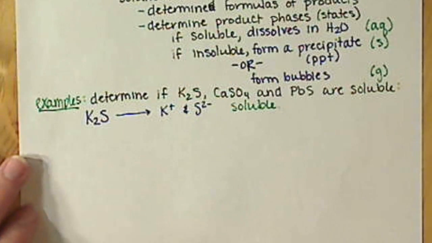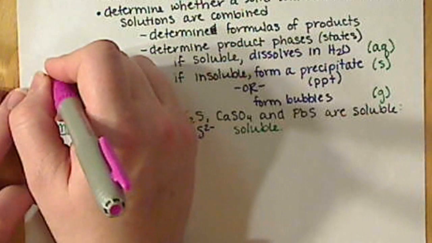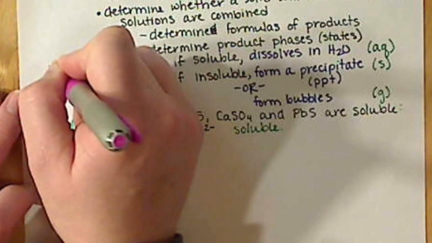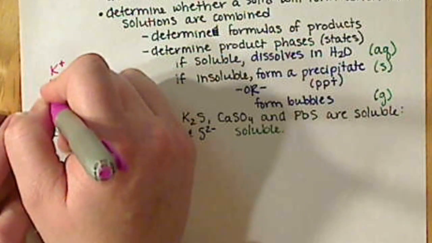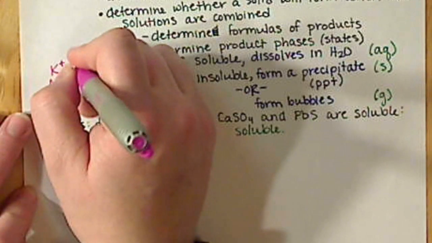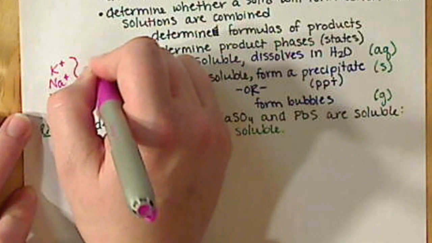Other ones that are worth memorizing, I'll put these up here. Basically K+, Na+, and nitrate ions, NO3-. Anytime these are paired with anything, these are always soluble.